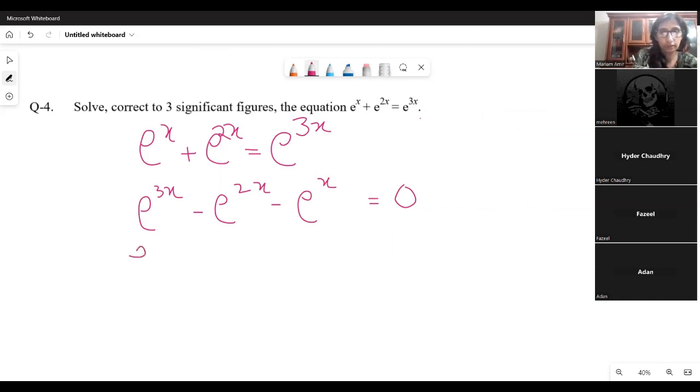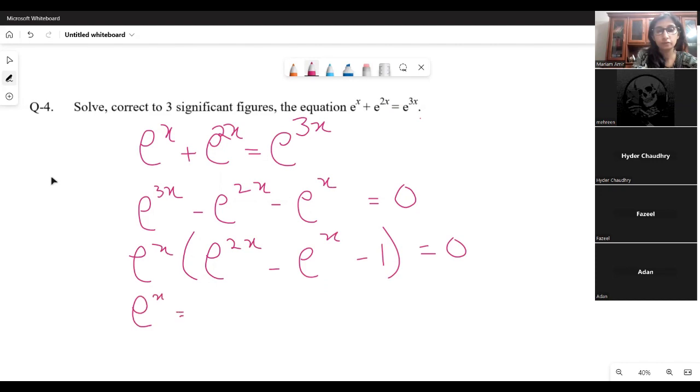Now we're going to take e^x common. So we get e^2x - e^x - 1 = 0. So we're getting e^x = 0 and e^2x - e^x - 1 = 0.